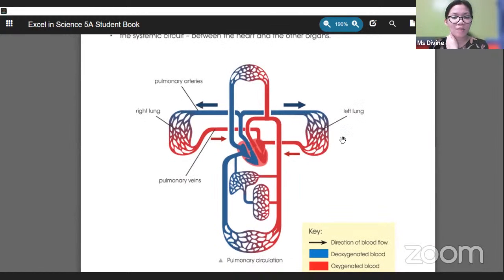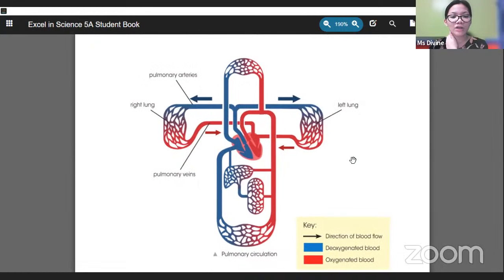So this is what pulmonary circulation looks like. We have the pulmonary arteries to the left and right lung, and the pulmonary veins, so it's only focused on the heart and lungs. The blue pathway in this diagram is the deoxygenated blood, the blood mixed with used up oxygen.